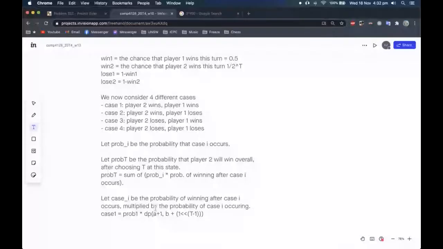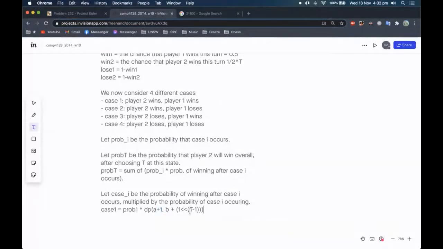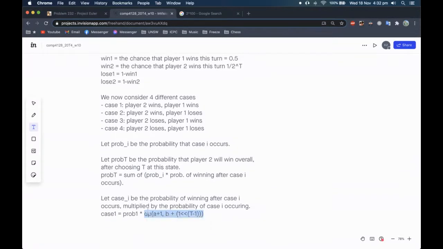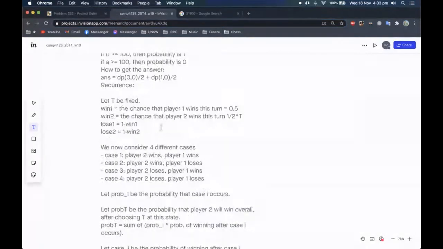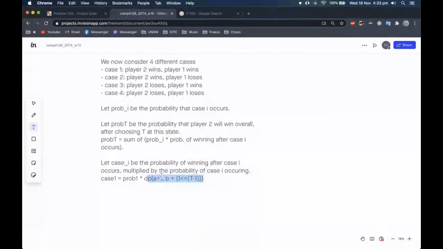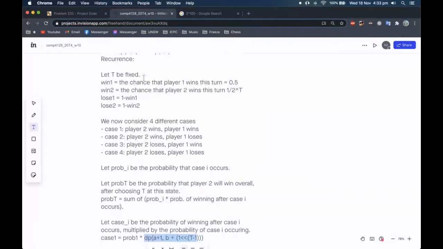If you're not familiar with this notation, 1 bit shifted t minus 1 is just shorthand for 2 to the power of t minus 1. So basically we're going to add both the points onto the state, and then we're going to query dp at that new state, right? We're going to get the probability from there as well. And by the definition of our dp, this is going to work exactly as we want it to.